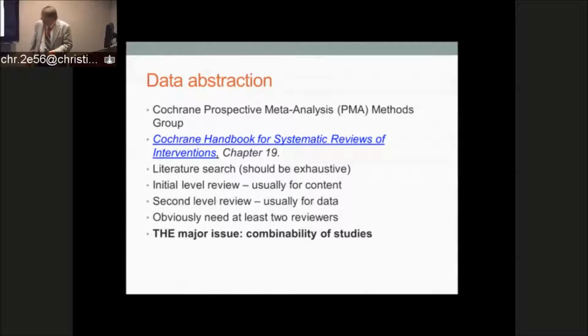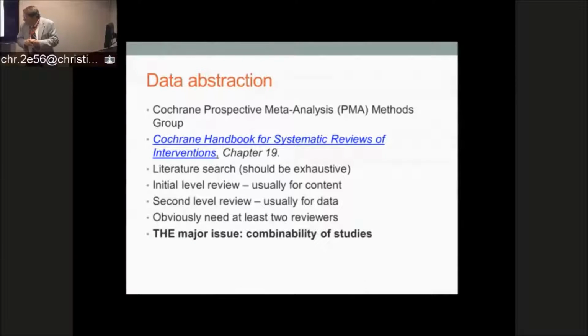So obviously you can't use those studies. And then you need at least 2 people to do that, probably more, but you've got to have some notion of consensus in selecting the articles.